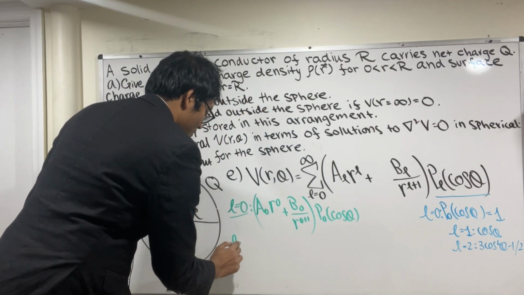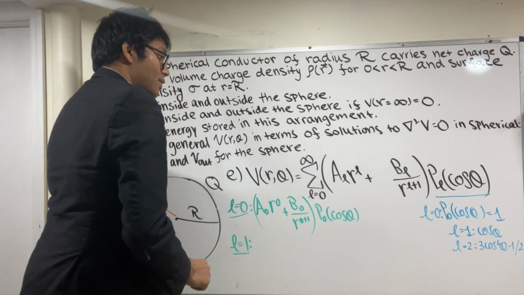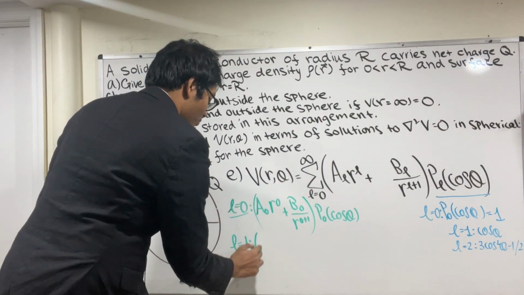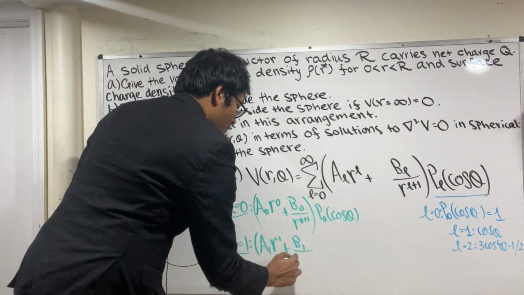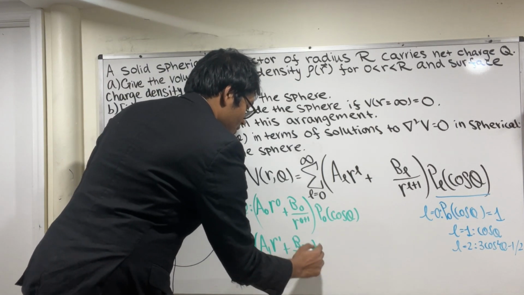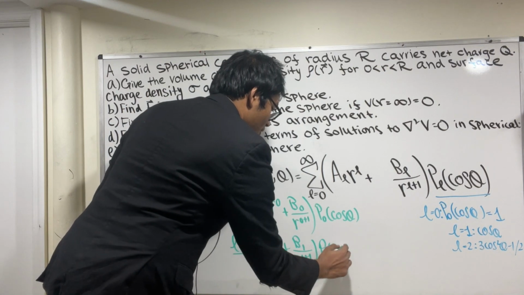Likewise, let's write out the terms for L equals 1, which are going to be a sub 1 r to the 1 plus b sub 1 over r to the 1 plus 1, all times P sub 1 of cosine theta.